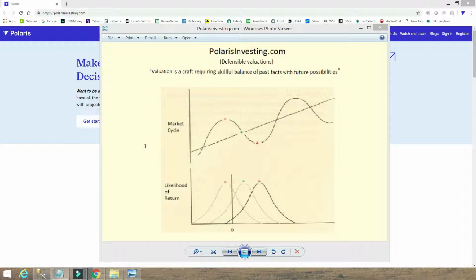Before investing more, assess the current situation. Follow the buy, sell, watch recommendations from the investment plan you created on PolarisInvesting.com when you first took a position. Recall, the investment plan recommendations change as price and valuations change. So check again before investing.